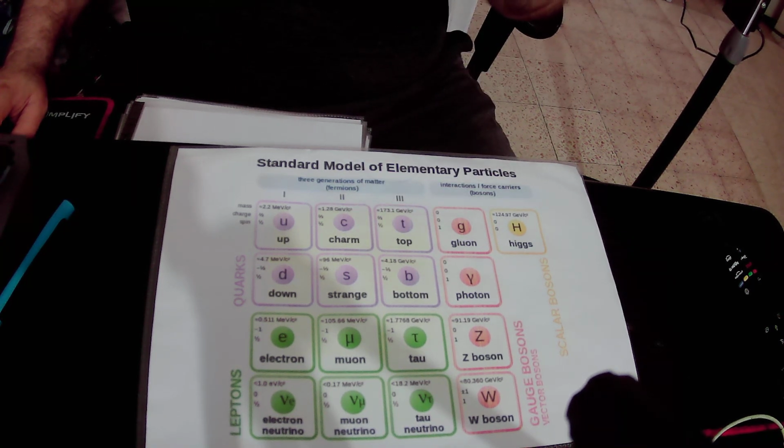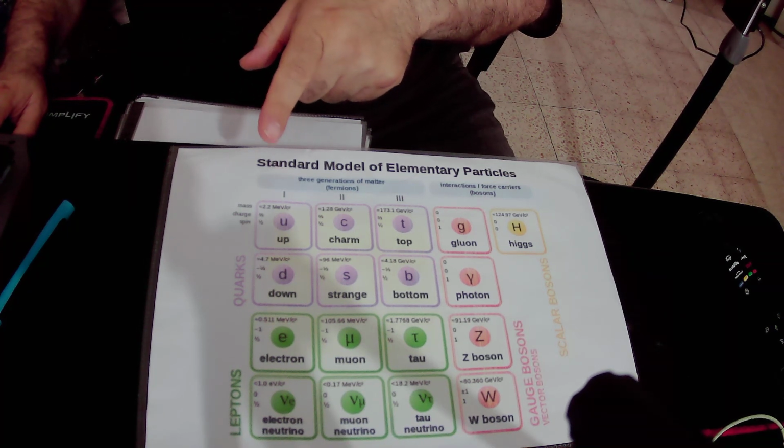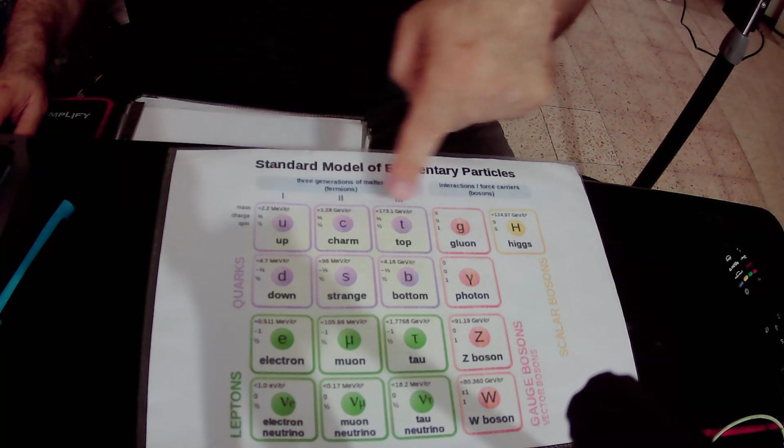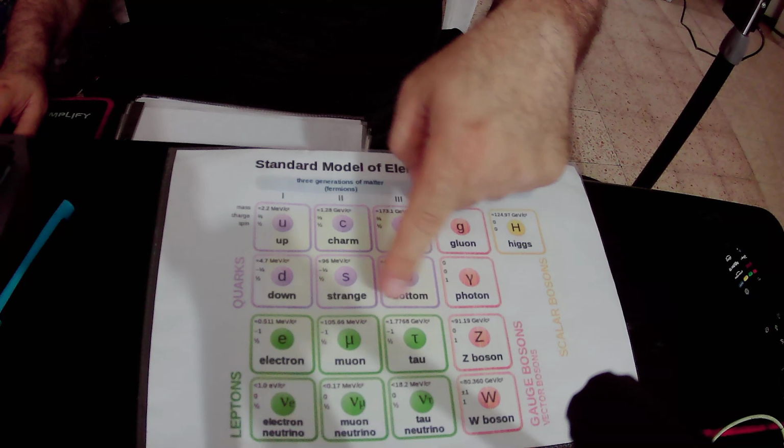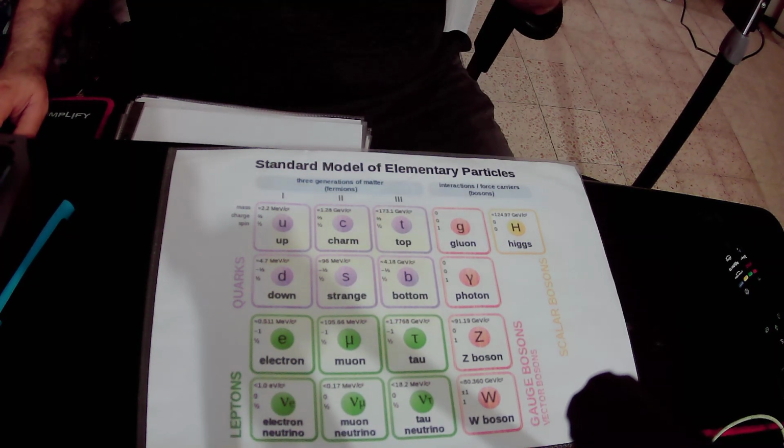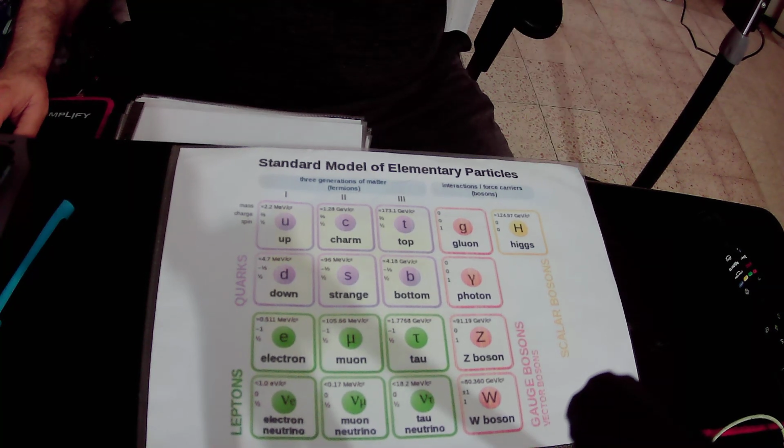As I already said, all the elementary particles except the gluon and the photon have masses, and the origin of their masses is boson X. Okay, as you can see in the table, the first number of every elementary particle is the mass of that particle, and the origin of their mass is the boson X particle.